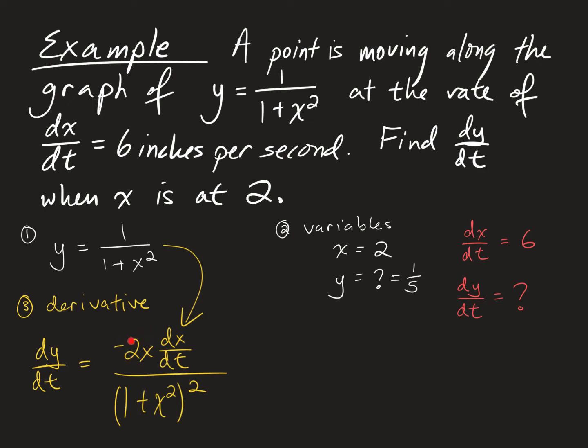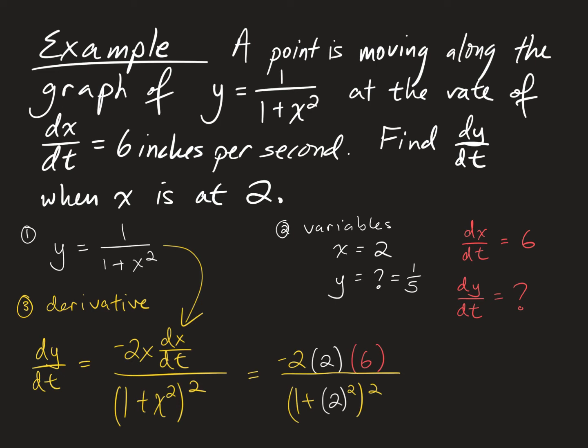But since we're taking the derivative with respect to t, we will have the dx/dt right afterward, all over the denominator squared. Cool. So we're trying to find dy/dt, which means we can just substitute these values in as necessary and simplify to find dy/dt.